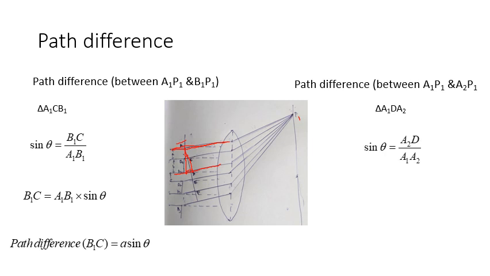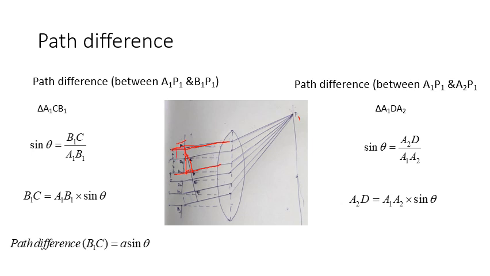So sine theta is equal to the opposite side A2D divided by A1A2, and from this you can write A2D is equal to A1A2 into sine theta. So the A1A2 distance is nothing but the sum of the width of the opening and the width of this opaque region.